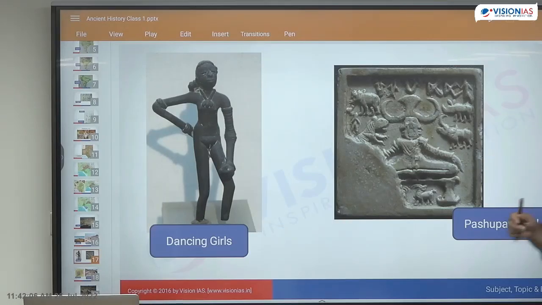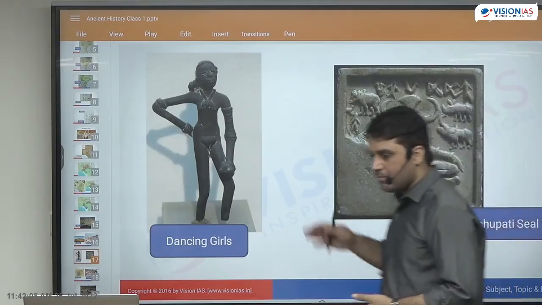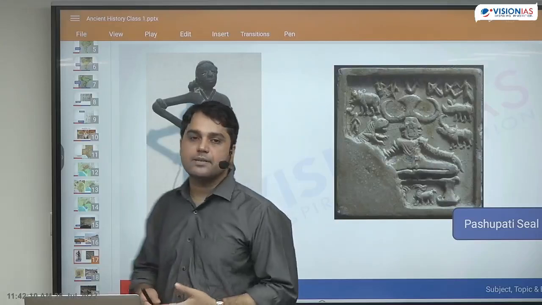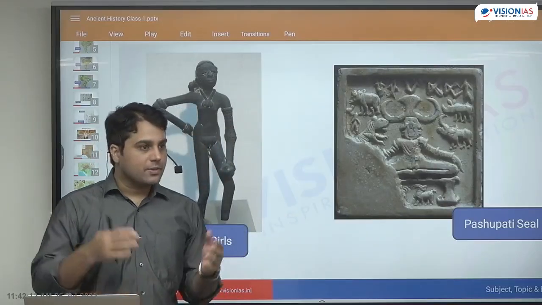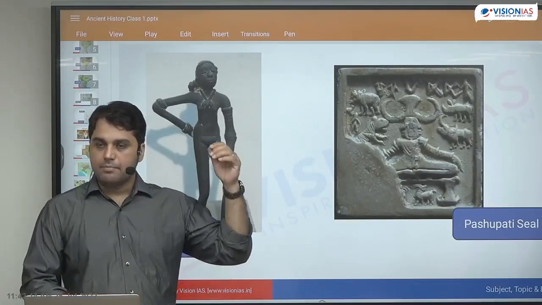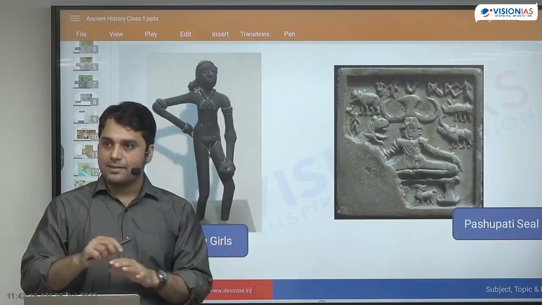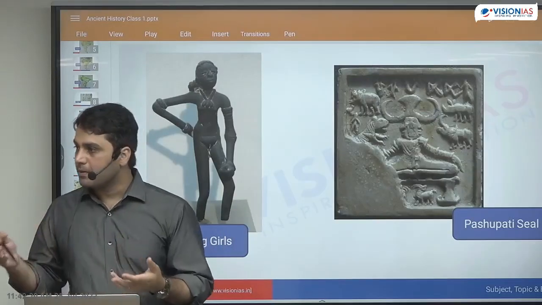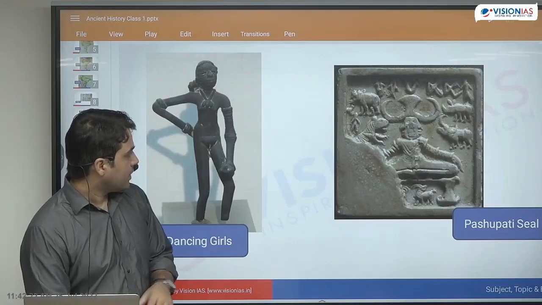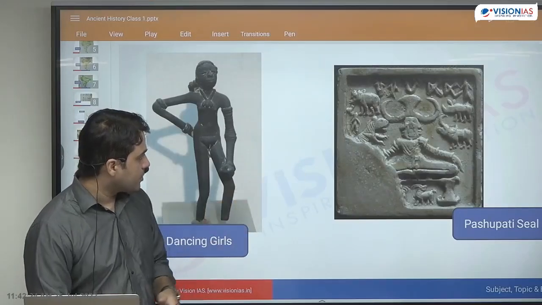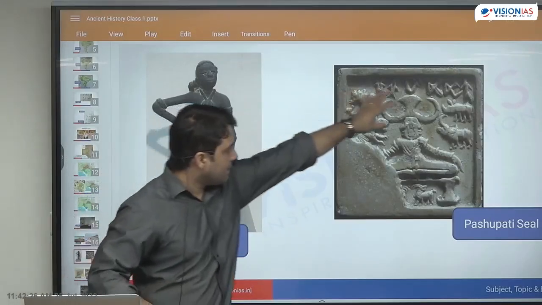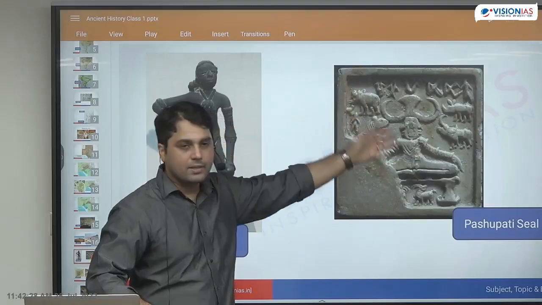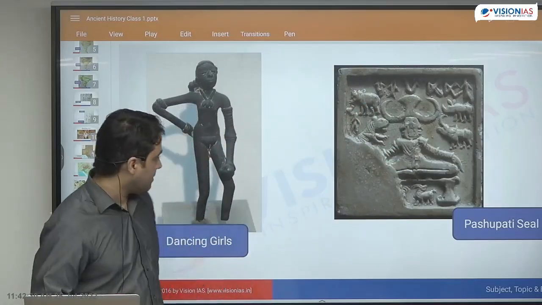In fact, it is present across many other civilizations, but it was prominent in Indus Valley civilization. So it does tell you some sort of connection, that different sets of people are interacting here, and that interaction may have led to the development of religious ideas. So anyways, a very famous seal known as the Pashupati seal, surrounded by different types of animals with horns, some sort of religious deity perhaps.